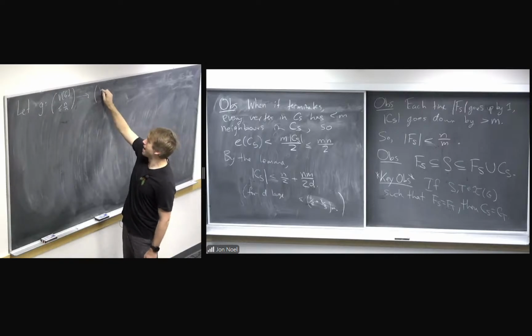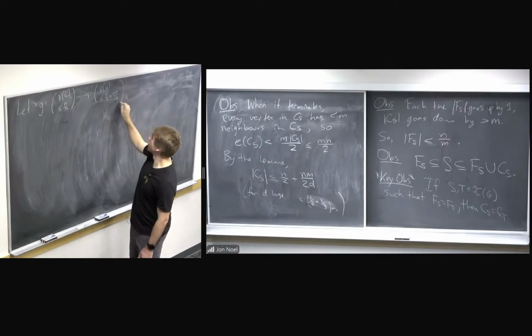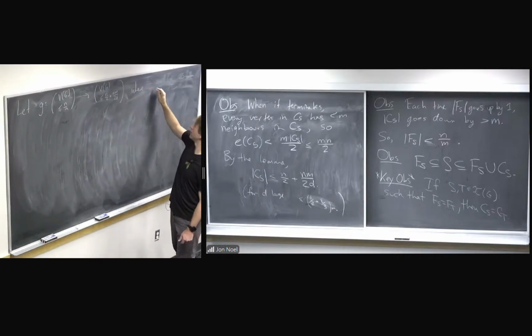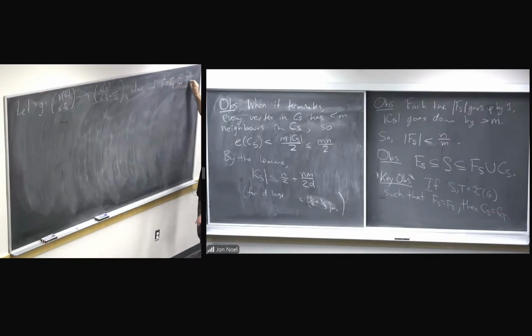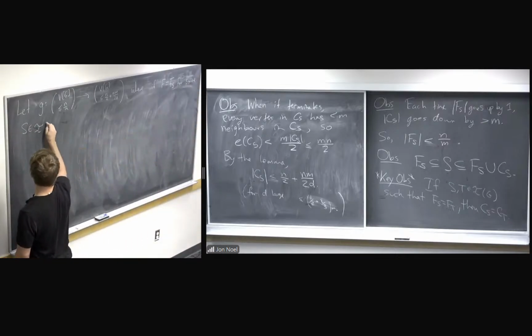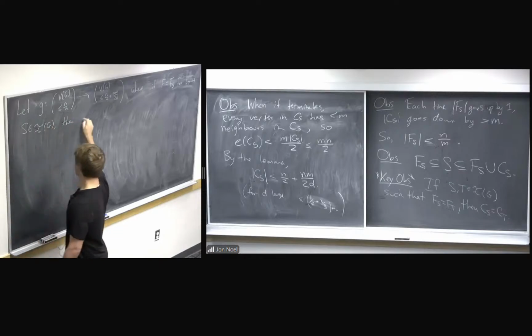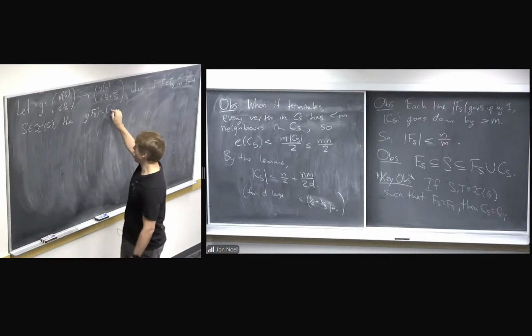So take a mapping like this, where if f is equal to fs for some independent set, then we define g of fs to be the container of that independent set.